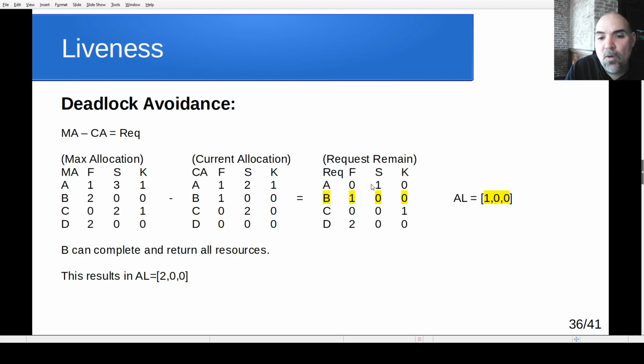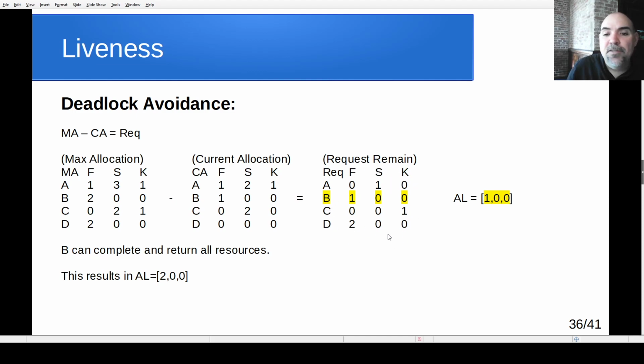That leaves only 1 socket that it needs, so 0, 1, 0. And B has 2, 0, 0 as its max. Currently it has 1, so it only needs 1 extra file, so 1, 0, 0. And then 0, 2, 1 minus 0, 2, 0 leaves 0, 0, 1. For the last one, 2, 0, 0 is the max, nothing is allocated, so 2. So this is what our request remaining looks like.